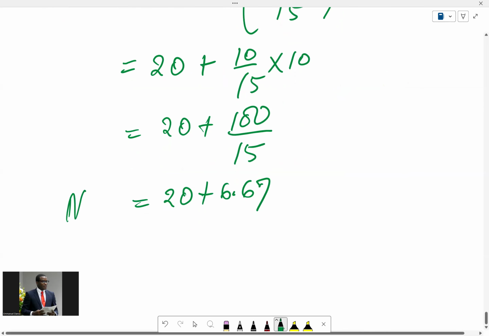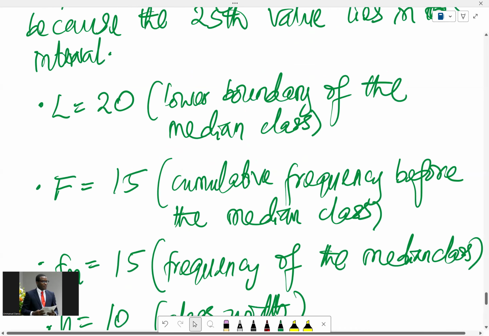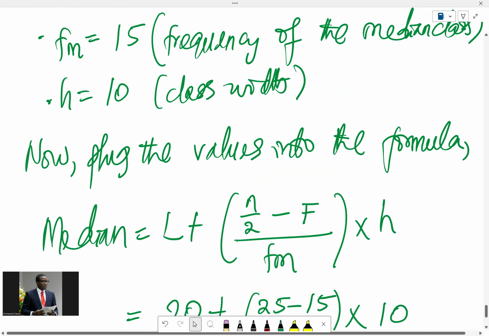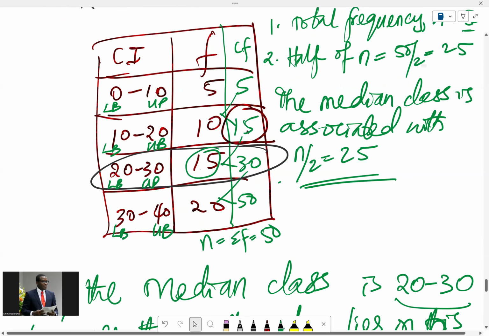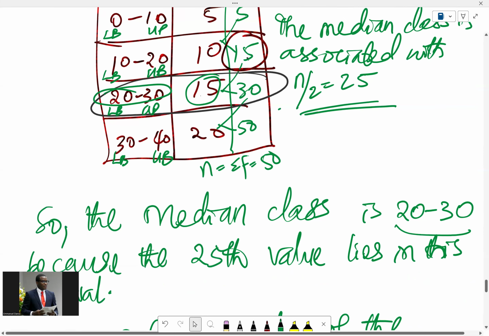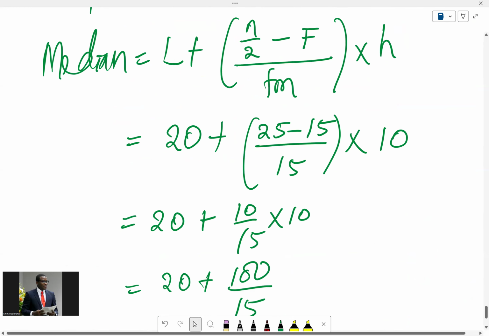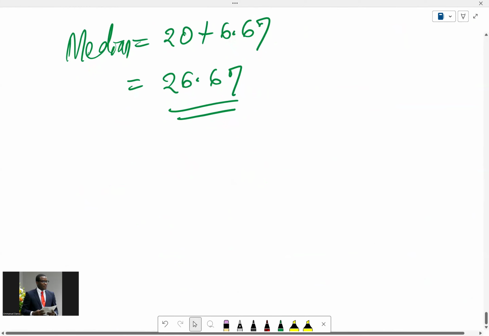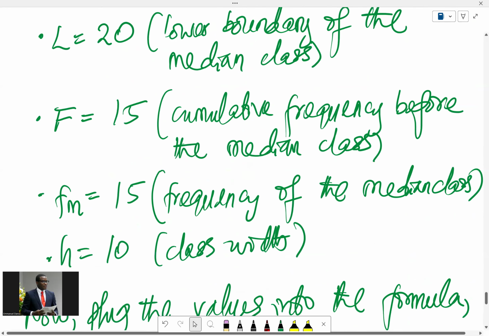So the median value is actually 26.67. That's the median for this grouped data. So it's not as straightforward as before. And that makes sense, right? 26.67 lies within 20 and 30. So that is the median. It may look somehow complicated, but you just need to master the formula and the terms of the formula, and everything will be nice.